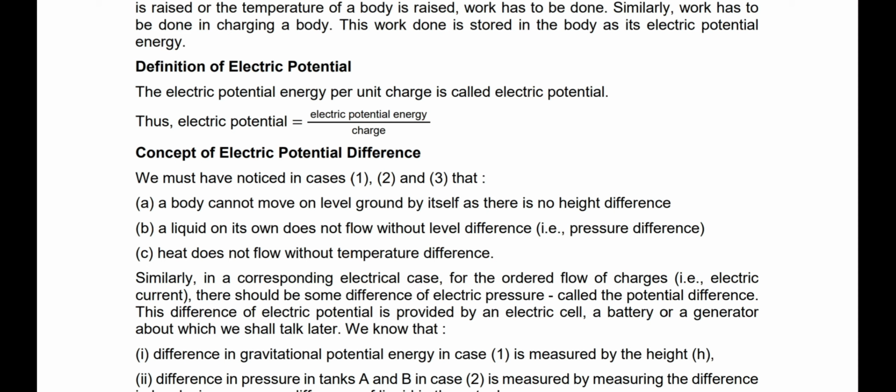So the formula for electric potential will be work done divided by the charge by which the electric potential is to be raised.